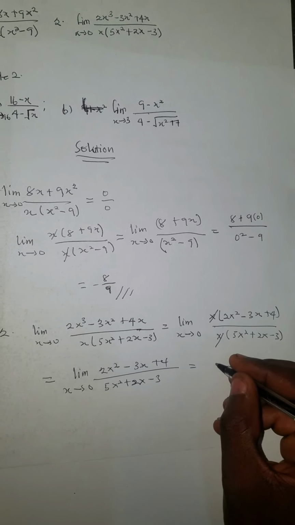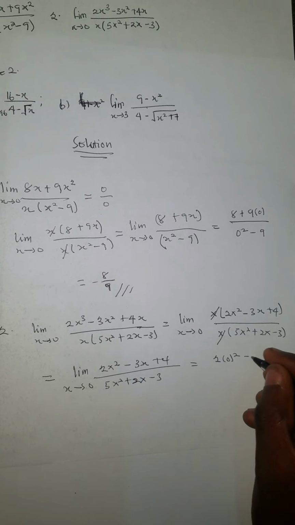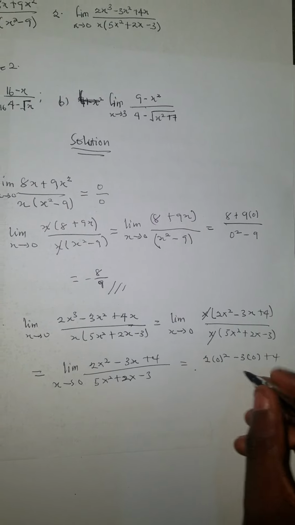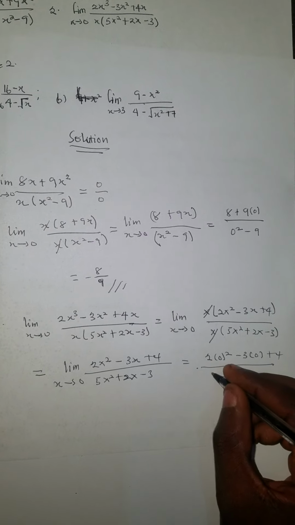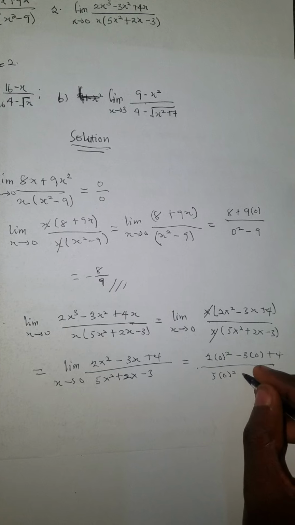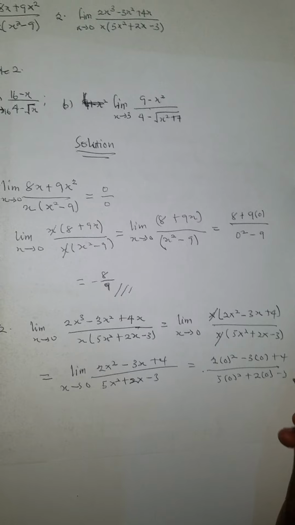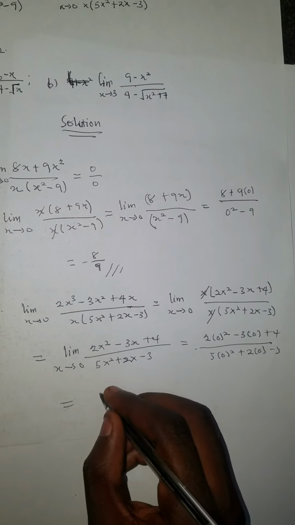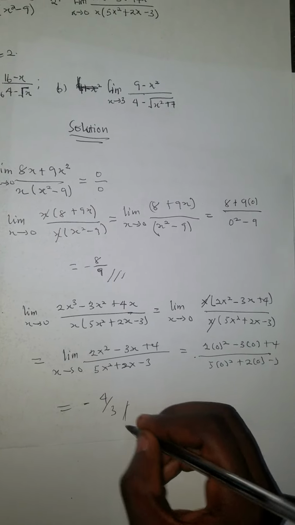Substituting, this is equal to 2 times 0 squared minus 3 times 0 plus 4, all over 5 times 0 squared plus 2 times 0 minus 3, and this will give us minus 4 over 3. That happens to be our answer.